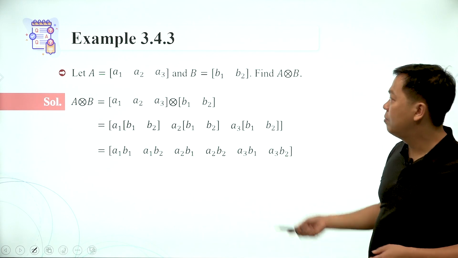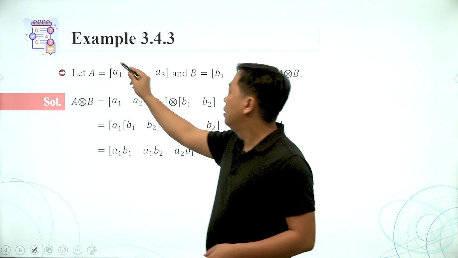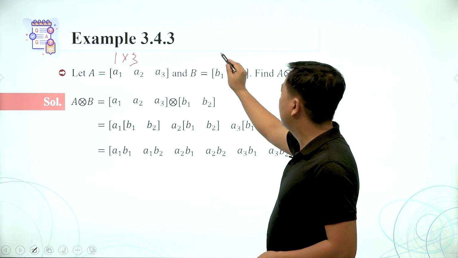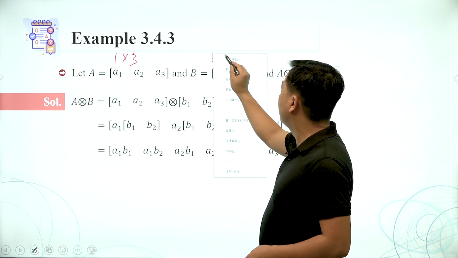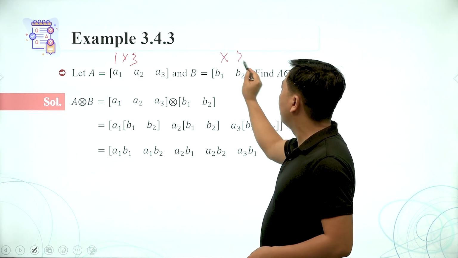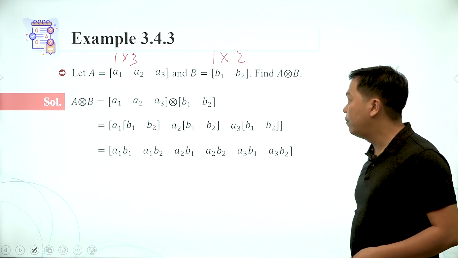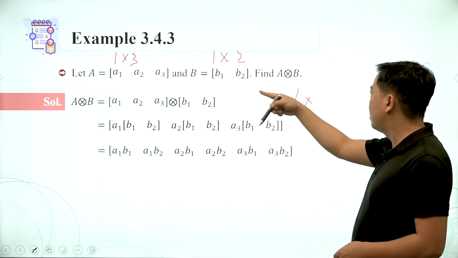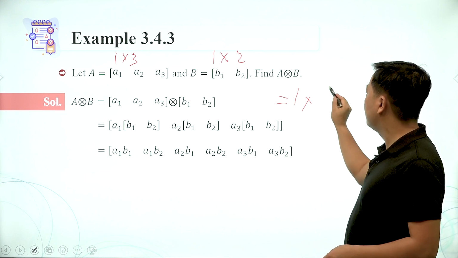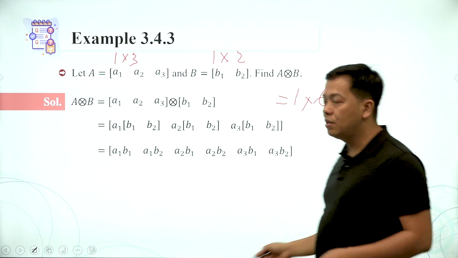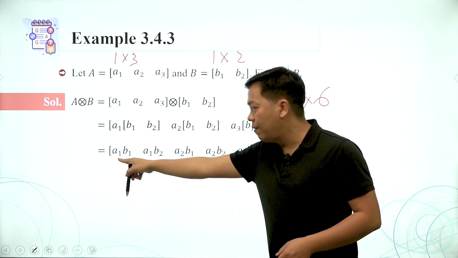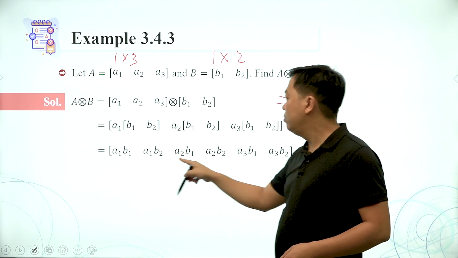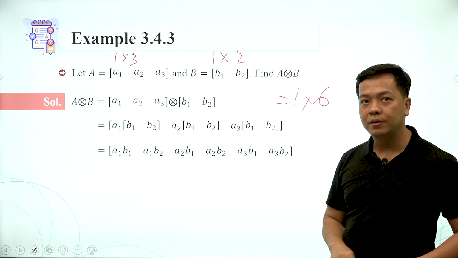Here is similar. This one is 1 by 3 and this is 1 by 2. So the final result is 1 times 1 rows and 3 times 2, which is 6 columns. You can calculate it yourself. We have 1 row and 6 columns.